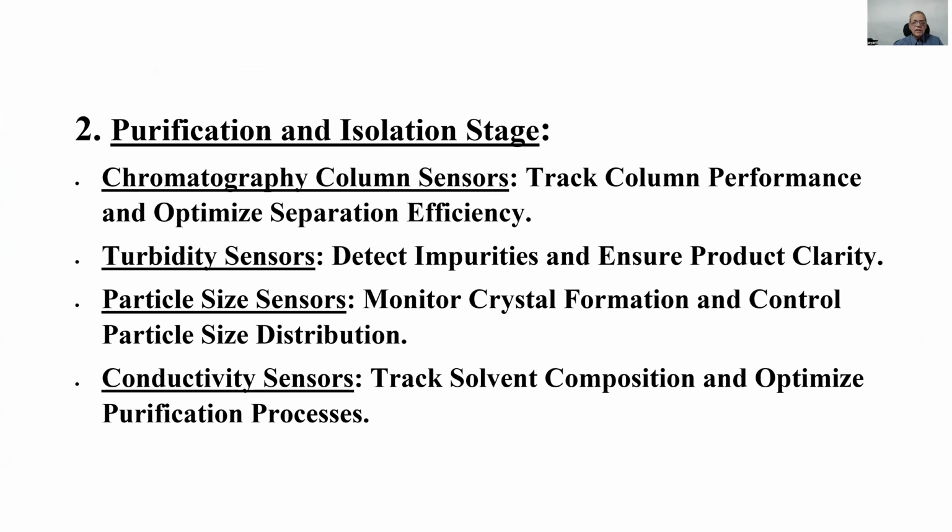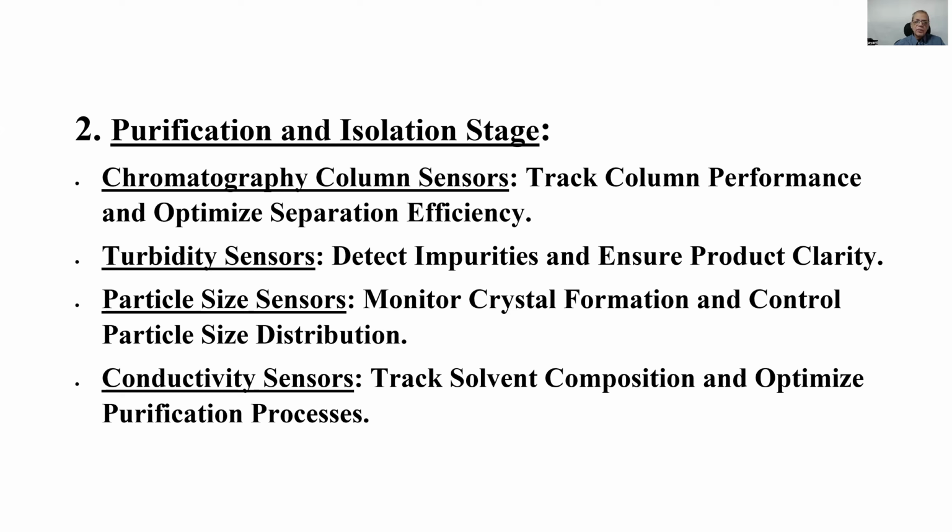The next stage is the purification and isolation stage. This requires sensors like chromatography column sensors, which track the column performance and optimize separation efficiency. Then turbidity sensors, which detect impurities and ensure the product clarity and quality.